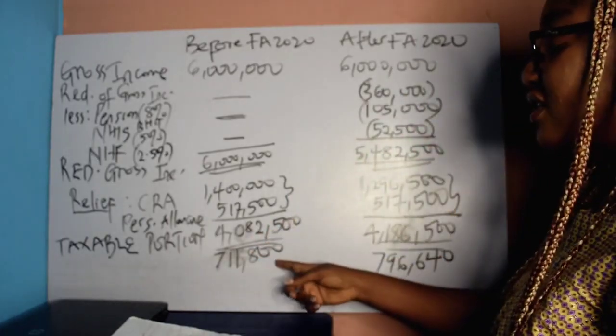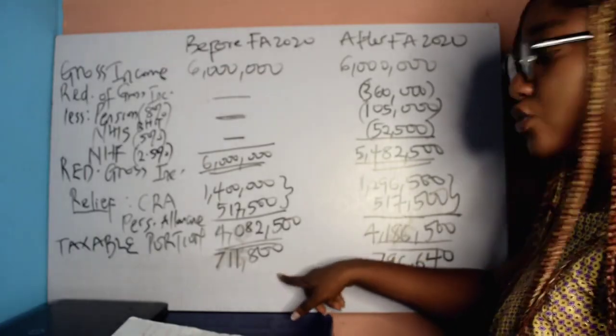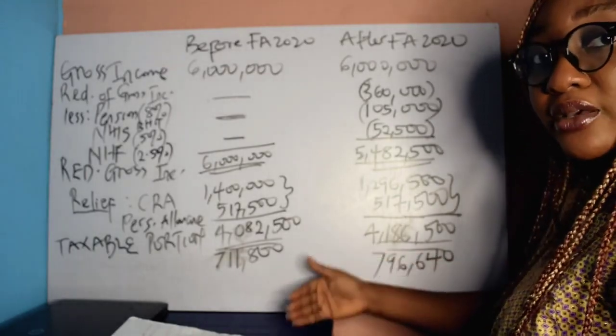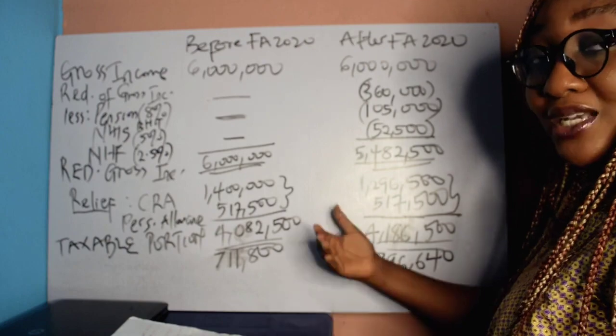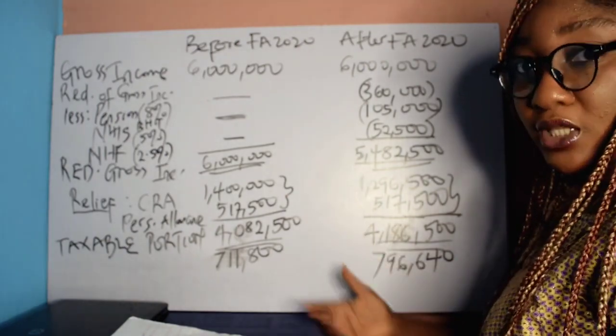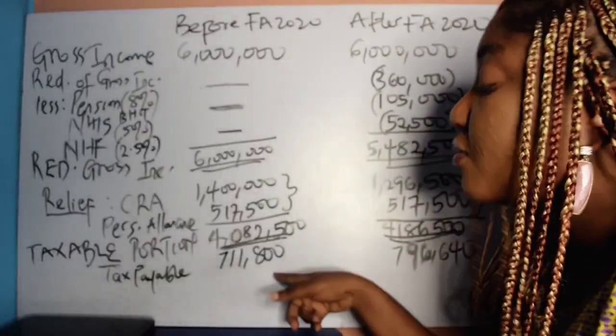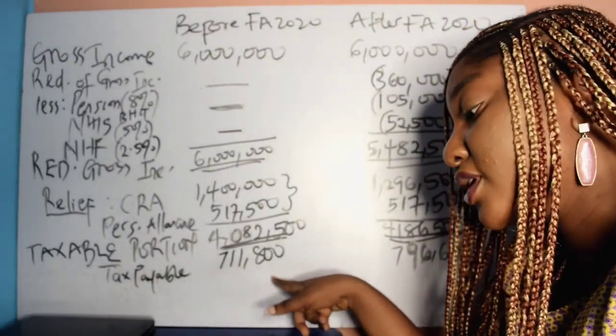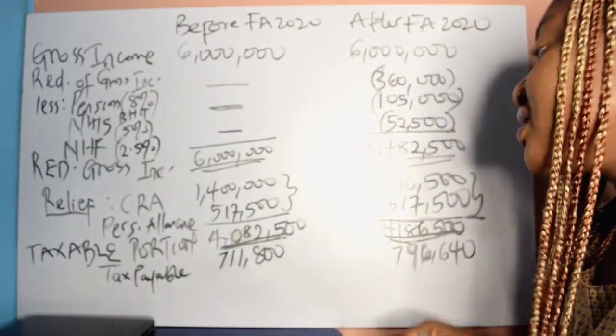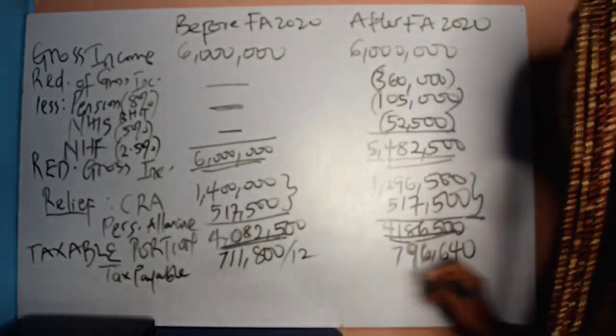Okay, so you can now say the monthly, you know, you don't pay this one once, so you pay it monthly. You pay tax, you remit your tax monthly before 10th of the next month, right? So you can get the monthly pay, right? So the monthly pay, that's when you divide this by 12, divide by 12.